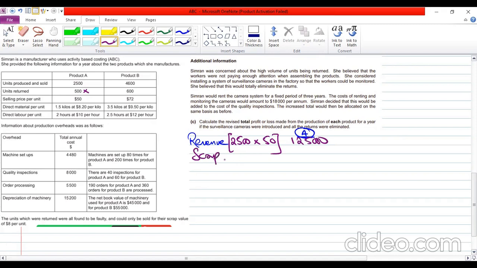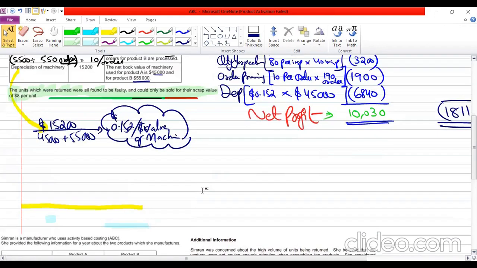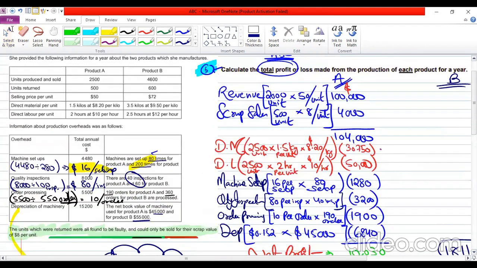And if there are no returns, so there are no scrap sales. Right or wrong? Material will remain same. Correct, Mustafa? Labor will remain same because 2,500 units we considered. Overhead same.